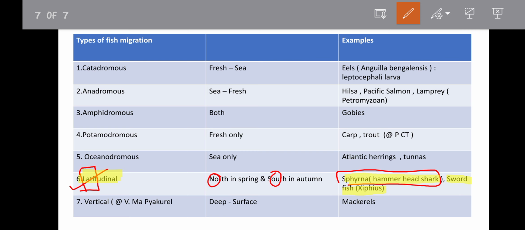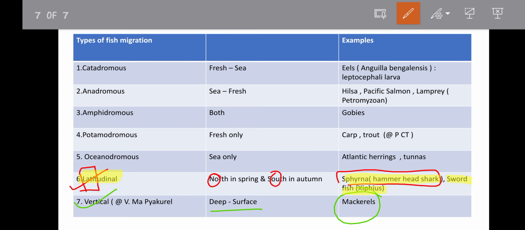Okay, last one is vertical migration. Vertical migration means, an example is mackerels, and this fish usually stays in the deep part of the ocean, and for feeding purposes they come to the surface. This type of migration is vertical migration.